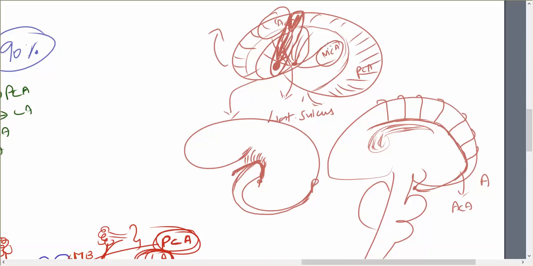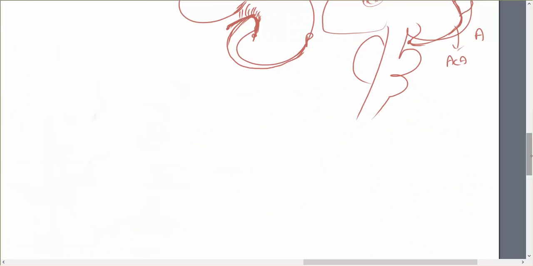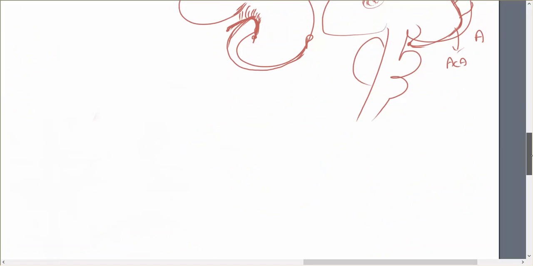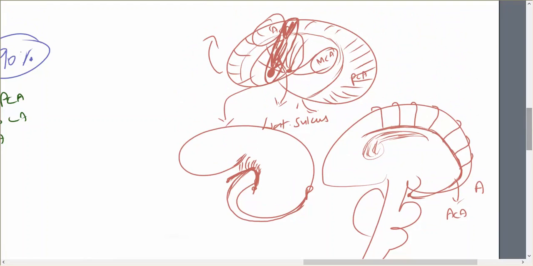If leg and hand, all the body is affected, which means if the person's both legs and hands are affected, you can say that both arteries are involved. But I'm going to tell one more thing, then you will understand what is involved.